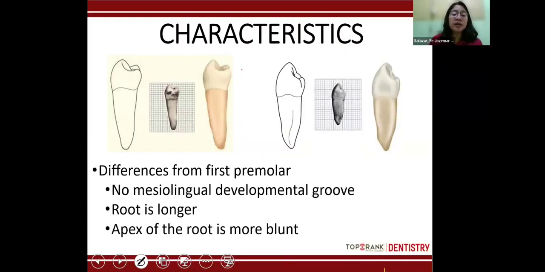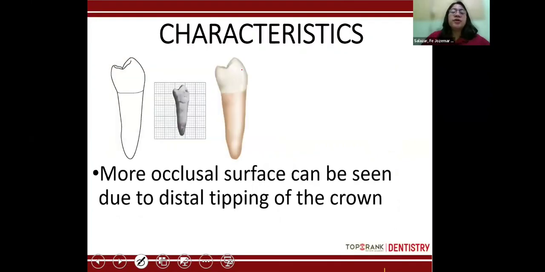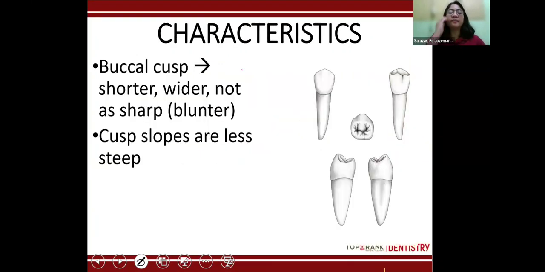The root is longer than the first and the apex of the root is more blunt. You could also see more occlusal surface on the distal due to distal tipping of the crown. Buccal cusps are shorter, wider, and not as sharp. They are blunter. Cusp slopes are less steep.